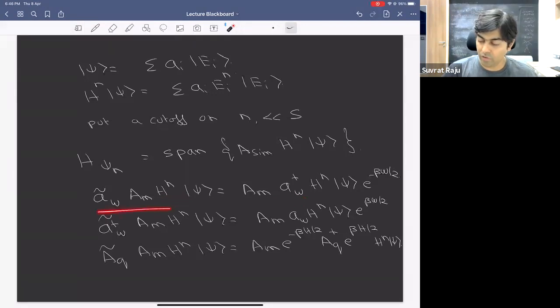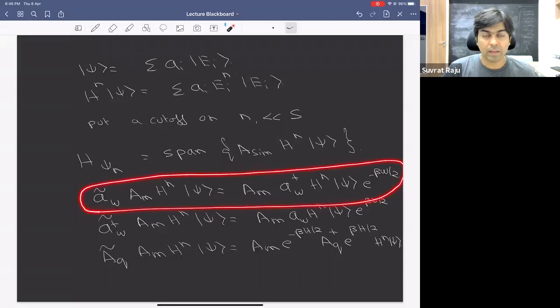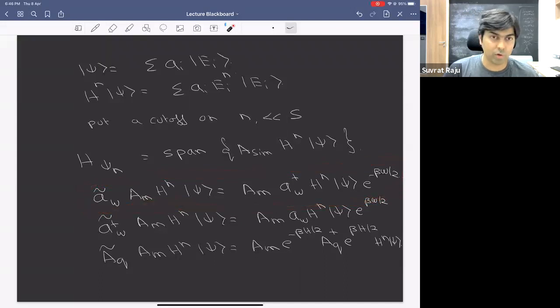If I take this to define a set of linear equations for the operator a omega tilde, this set of linear equations has a solution by the no annihilation condition that we wrote down last time. It has a solution because this operator AMHN never annihilates the state psi.